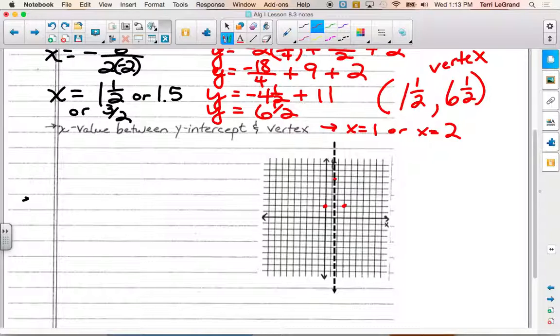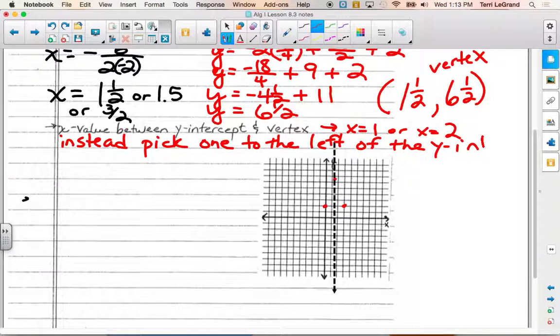In other words, I would instead pick one to the left of the y-intercept. Let's go outside of it. Let's get one that's maybe down further.